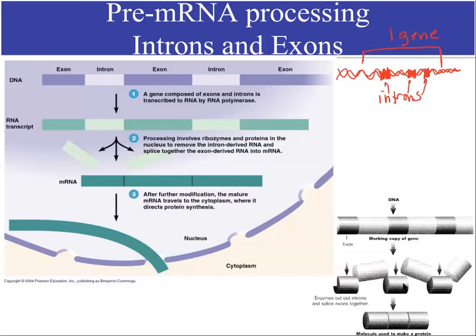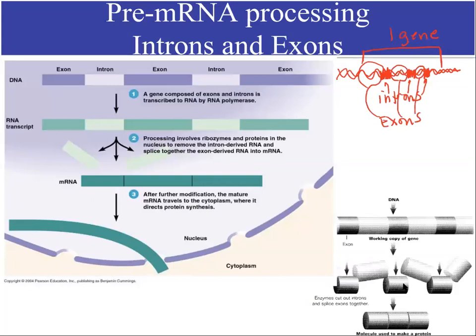The pieces that we want to use, the pieces that we want to keep, the pieces that we want to express are called exons. So in this gene that I just drew, this would be an exon, this would be an exon, this would be an exon. And we'll talk about why these might exist, but at this point, they do exist.